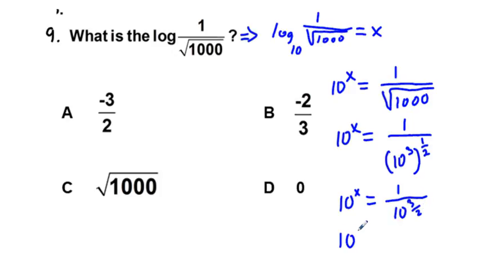Well, we can rewrite that as 10 to the power of x equals 10 to the power of negative 3 over 2. And we can see what that answer is, right? A. And we could also just put this in our calculator.